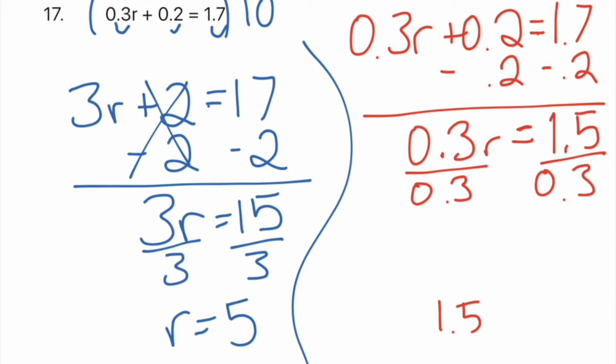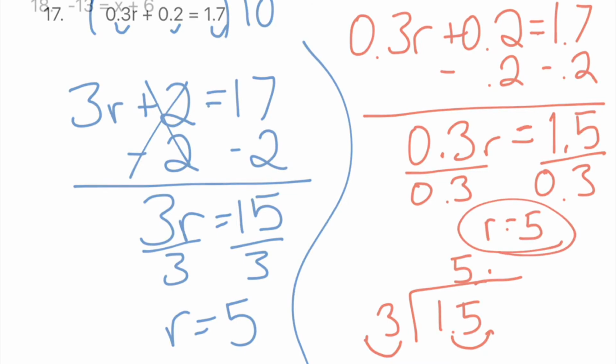So we have 1.5 divided by 0.3. And remember, we never divide by decimals, so we have to move our decimal over. So now it's just 15 divided by 3, which is 5. So we get the exact same answer.